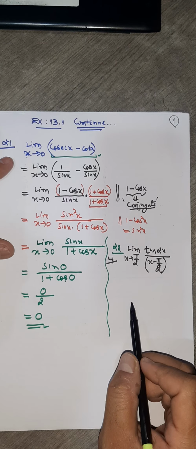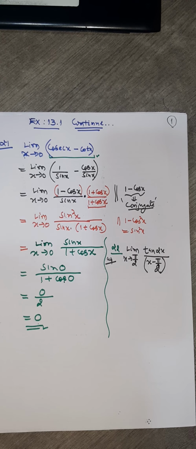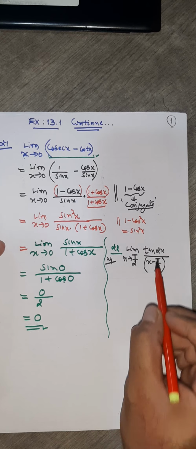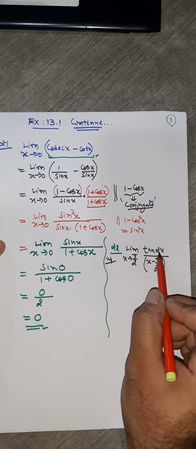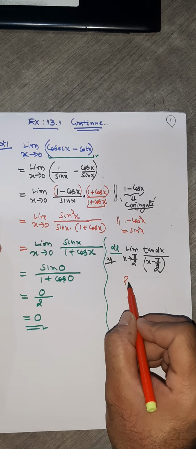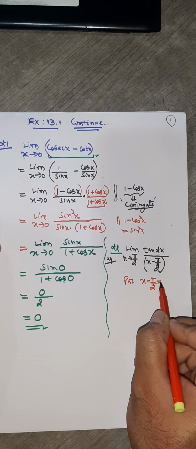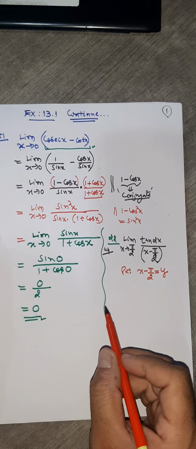Fine. Now there are number of ways to do this question. What you can do is, probably this is easier way for us. I cannot set this directly, for example, this angle. So I'll take this as some new variable. This is called substitution. I'll take this as some new variable, say y, anything.